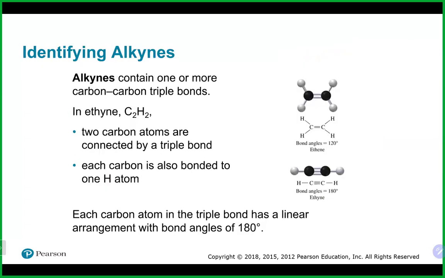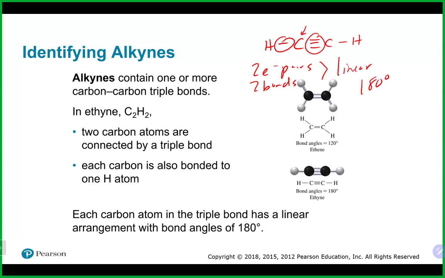In addition, alkynes also have a different geometry because of the triple bond. If we look at the triple bond here in our alkyne, this carbon has 1 electron pair, 2 electron pairs, and also has 2 bonds. That's our friend linear geometry, which has a bond angle of 180 degrees.